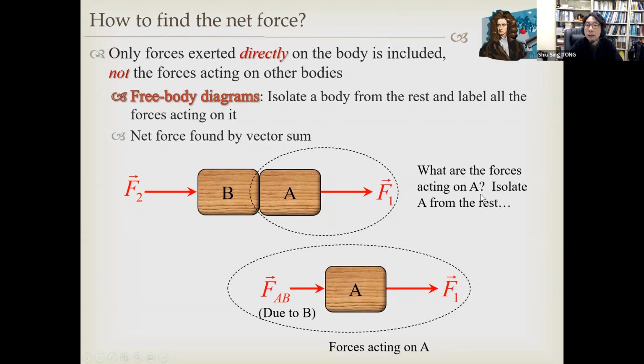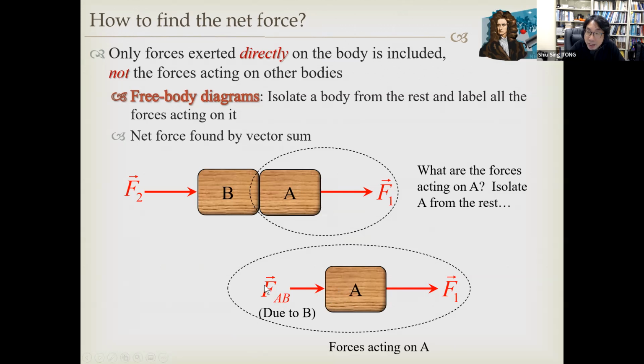I would find 2 forces. The first one is the force that is directly acting on A, and that's F1. But there's another force, due to the interaction of A and B. I call this force FAB. FAB means the force acting on A due to B.